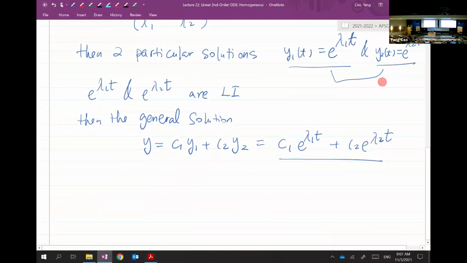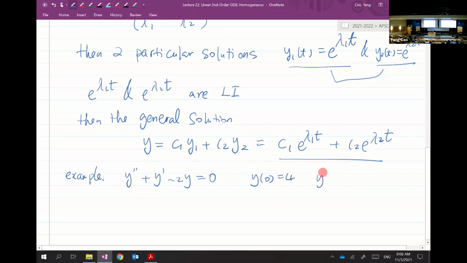All right, so let me show you one example here. Let's say this is a second order differential equation with constant coefficients, and it's also linear, of course.